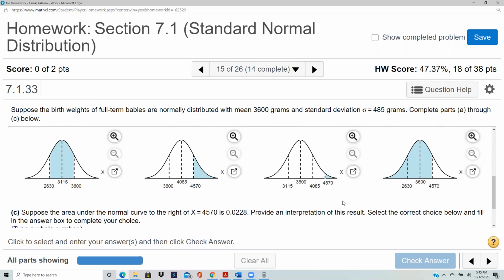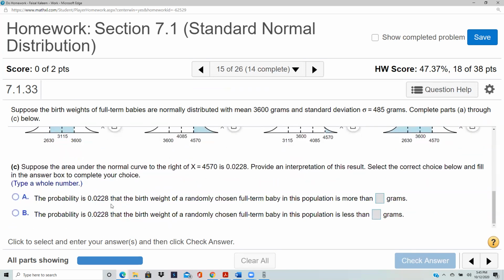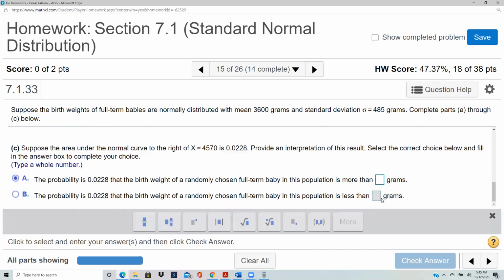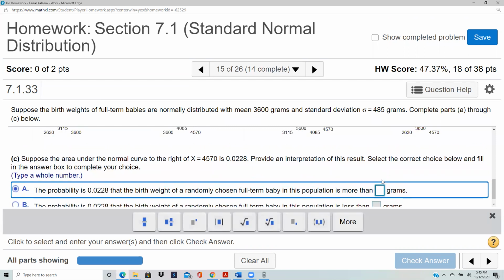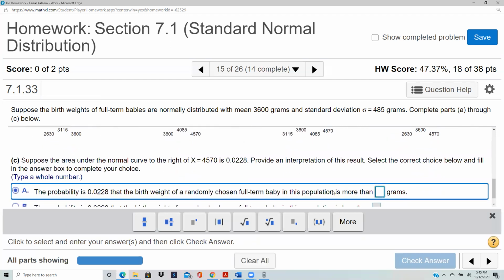So probability is 0.0228 that the weight is more than 4570 grams. The birth weight of a randomly selected baby is more than, yeah, because you're talking about area to the right. And it's more than 4570 grams.